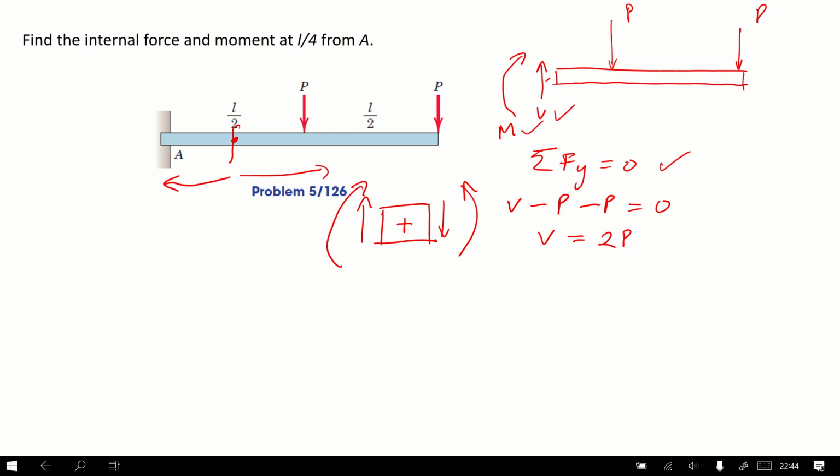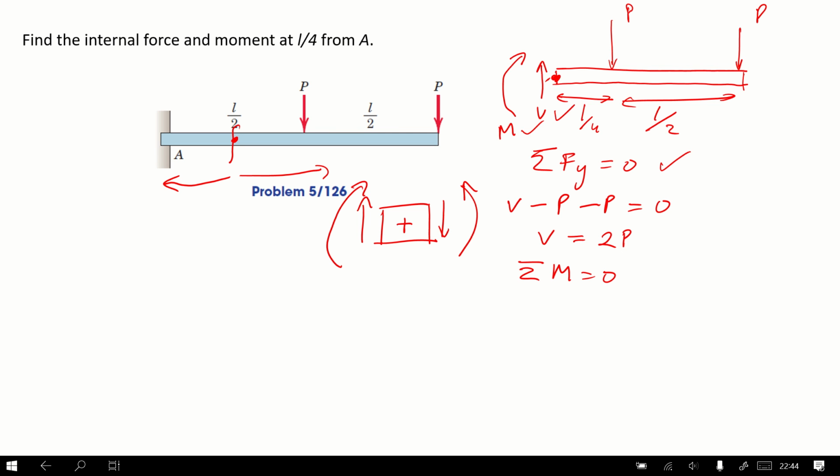Now, using sigma moment at this particular location equal to 0, this distance is supposed to be L per 4, and this distance is L per 2.